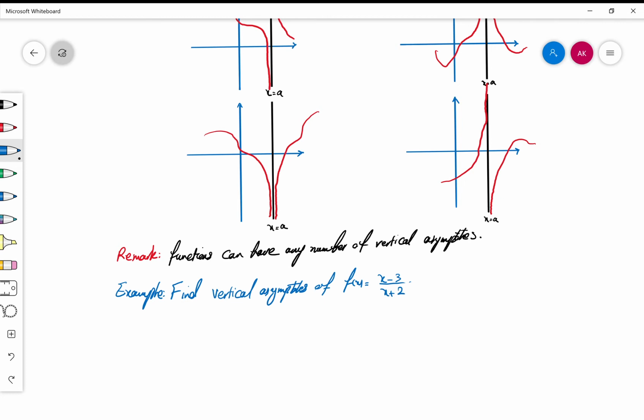What you should remember from infinite limit from the previous video is that an infinite limit happens when the limit of the denominator is 0. So note that infinite limit happens at points where the denominator has limit 0.